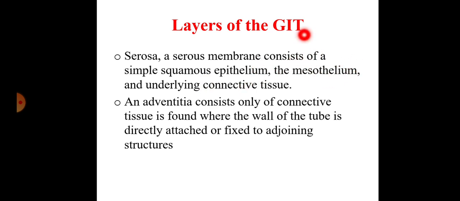This serosa is located in the area of peritoneum, while a structure that has no peritoneal covering has an outer covering known as adventitia. If the structure has peritoneal covering, the outer layer is known as serosa. If it has no peritoneal covering, the outer connective tissue is known as adventitia. Okay?